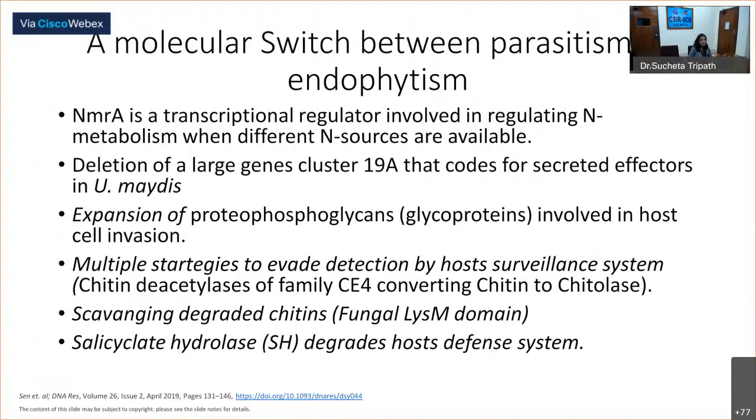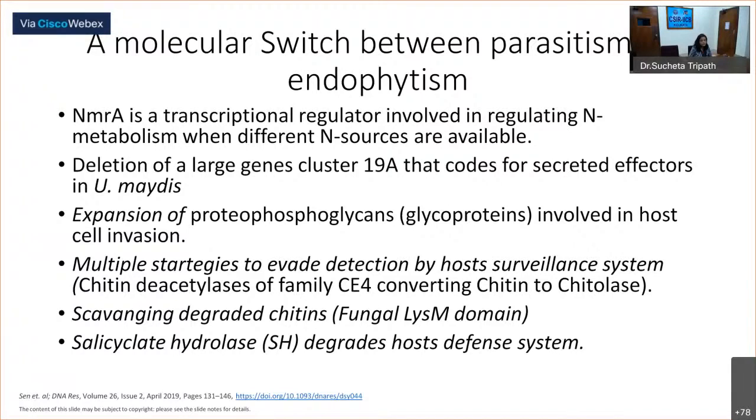Chitin deacetylase degrades it. And Rhodotorula, very cleverly, has designed its system in such a way that its chitin is converted into chitosan. So once chitosan is there, the plant is unable to recognize it. And since the plant cannot recognize it, this can easily enter into the host. So this is a surveillance evasion mechanism this system has developed.